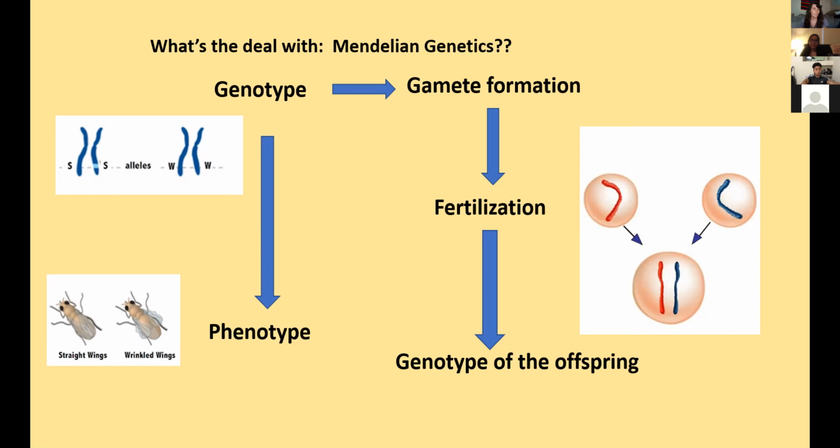And so the genotype of the offspring is due to some kind of chance, whatever half of the genetic material happens to come from both of the parents. You'll learn a lot more about that through this class and then through the BIS series, but it's pretty crazy.